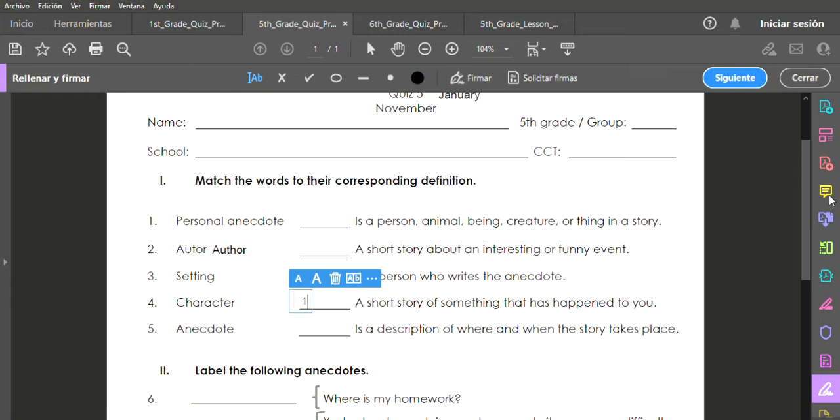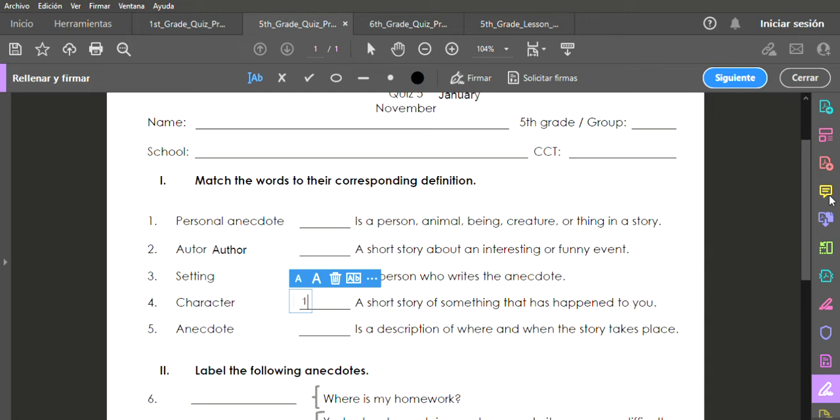Okay, and the next says, it is a description of where and when the story takes place. Es una descripción de dónde y cuándo la historia toma lugar.